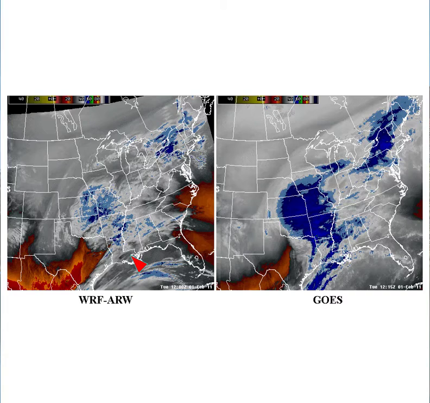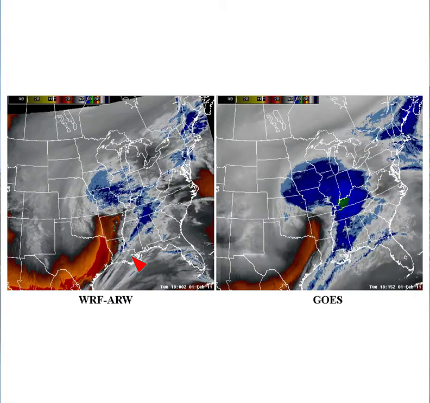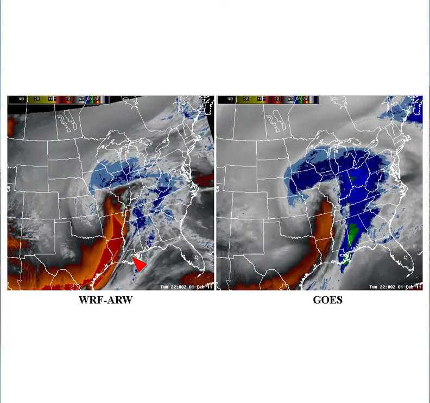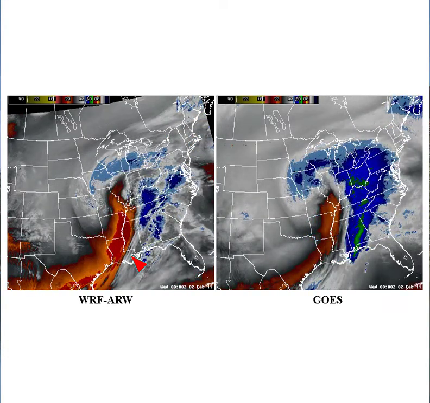The features that we're looking at are related to cyclogenesis. A little bit after this, we see a dry slot that moves from Texas towards the northeast, towards Arkansas, and in time develops this familiar comma shape to the cyclone.